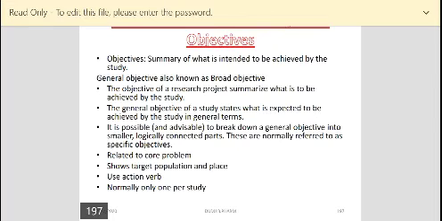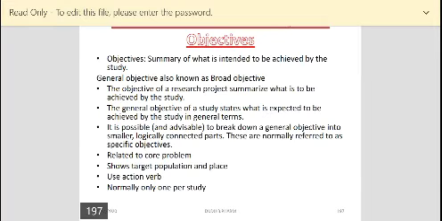We have general objectives, also known as broad objectives. The objective of a research project summarizes what is to be achieved by the study. The general objective of a study states what is expected to be achieved by the study in general terms.